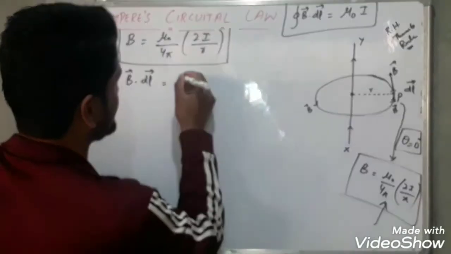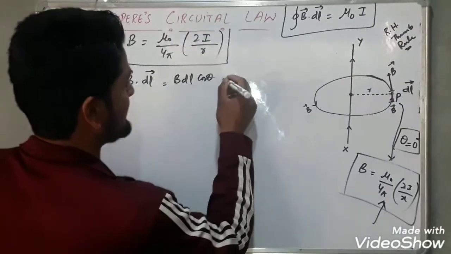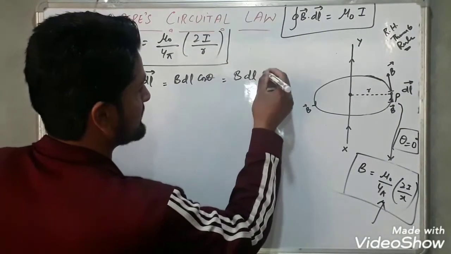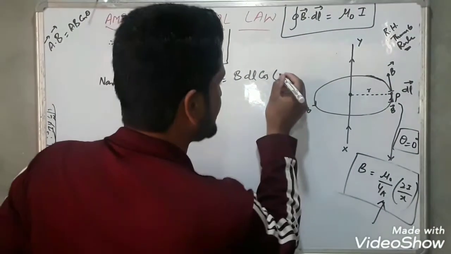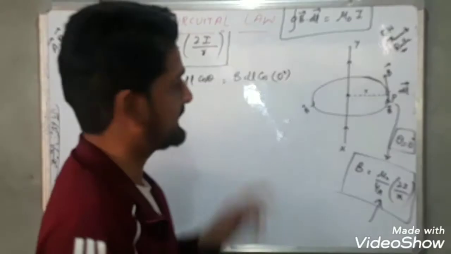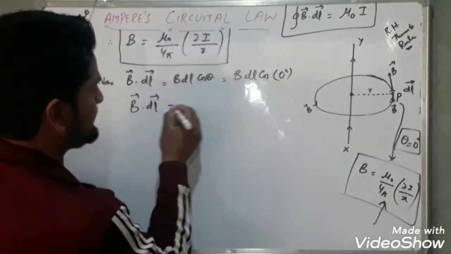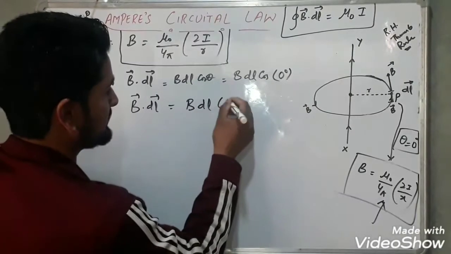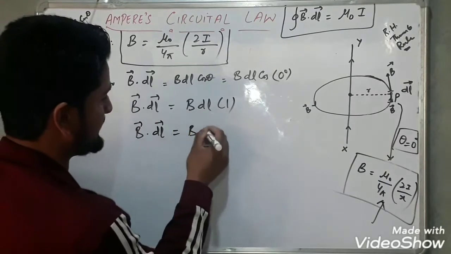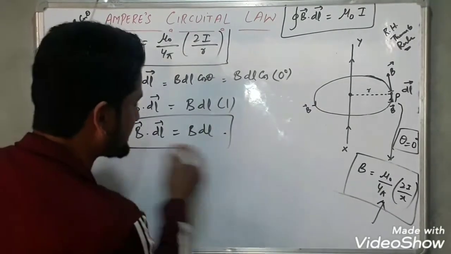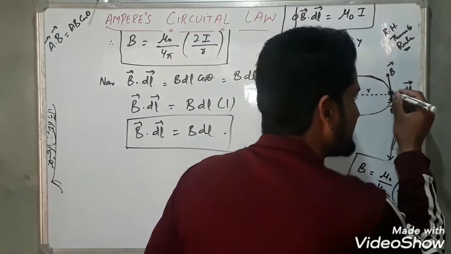So B dot dl equals B dl cos theta, and since B and dl are in the same direction, the angle between them is 0. What is cos 0? It is equal to 1. So B dot dl equals B dl into 1, that is B dot dl equals B dl. And this is for this very small length element of length dl.